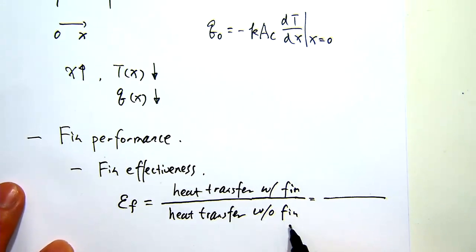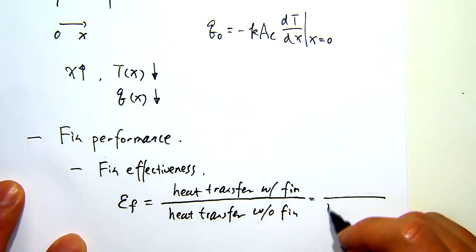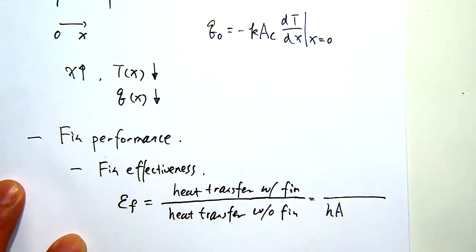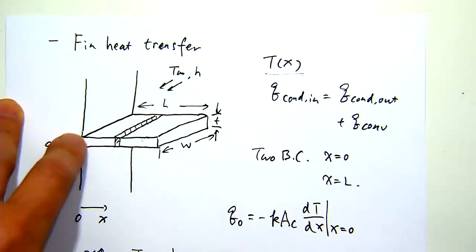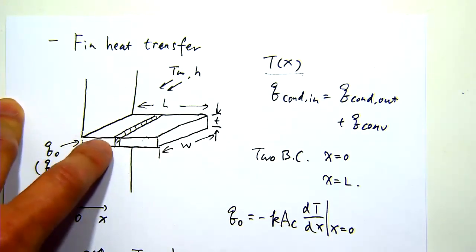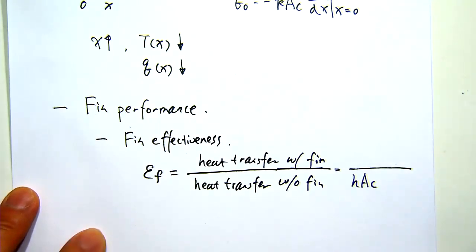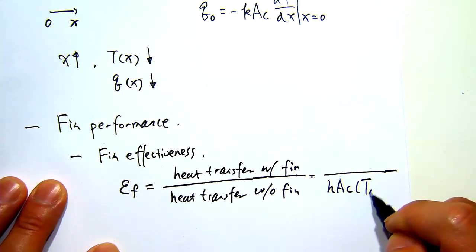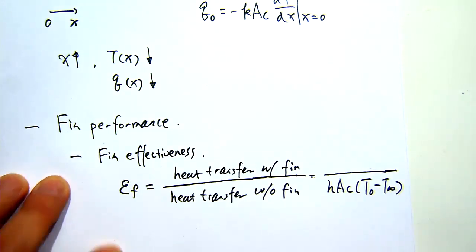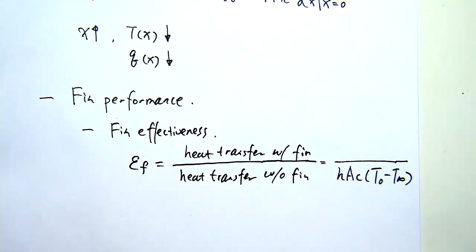Without fin, if we write the heat transfer for this case, there will be h times area, and this area would be the base area for our topic here, which is a fin with a constant cross-section area. You can just use h A_c to stand for that, and then the convection happens there. So T_0 minus T infinity. So that's the case: you have a bare surface without adding anything.